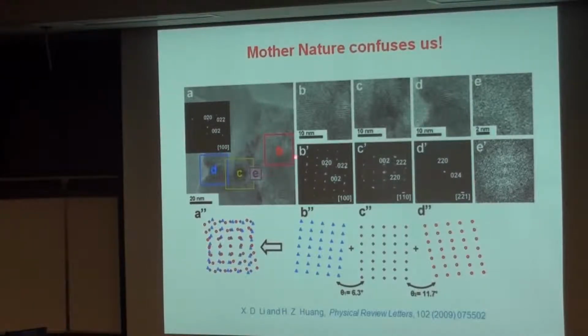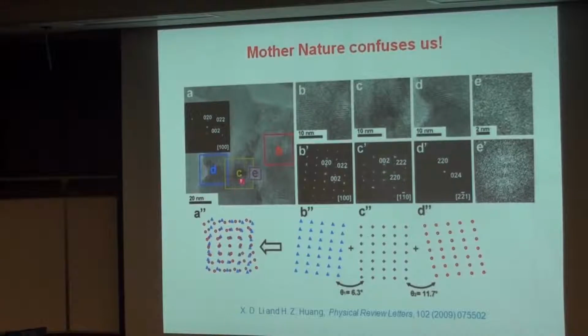But if you zoom in, pick frame B, and you zoom it up, you can see this is one particle with the lattice orientation, that's 100. And if you move this frame to C, you see another particle with different crystal orientation, that's 110.